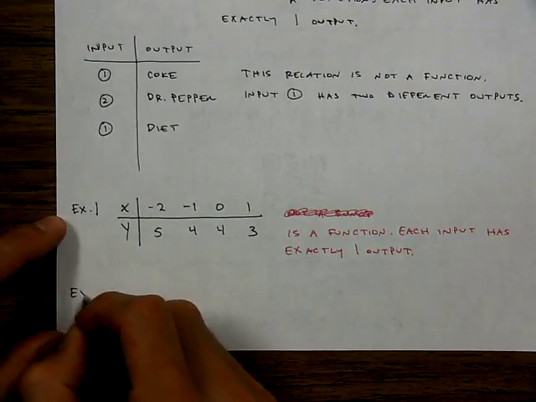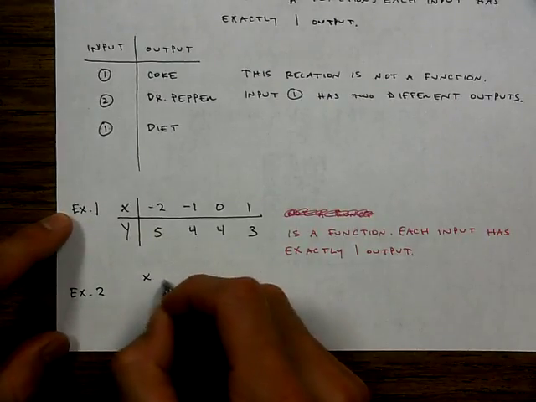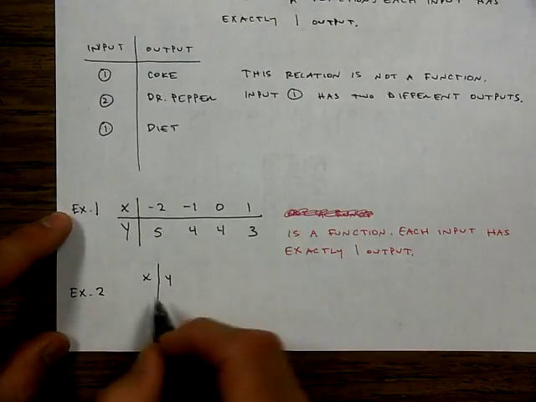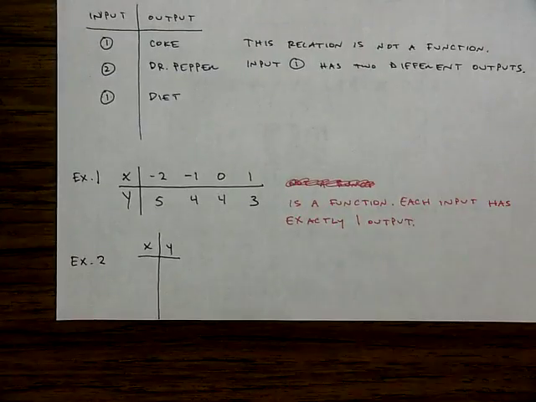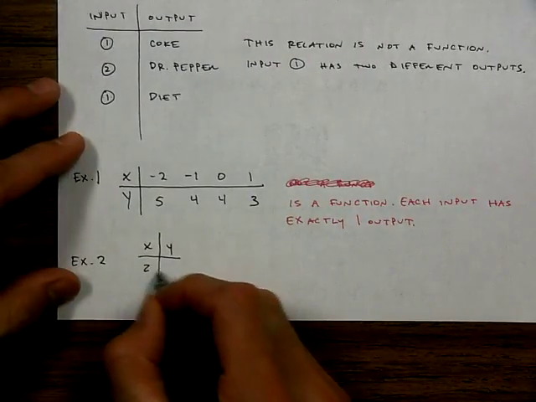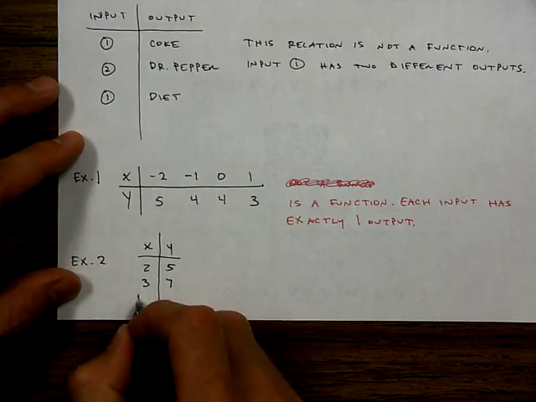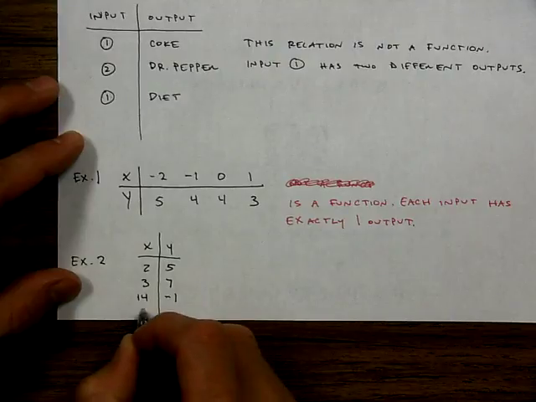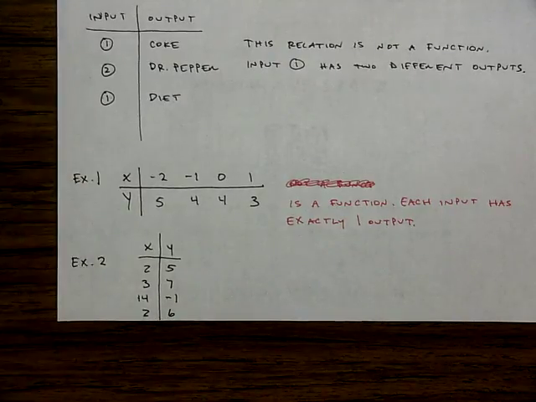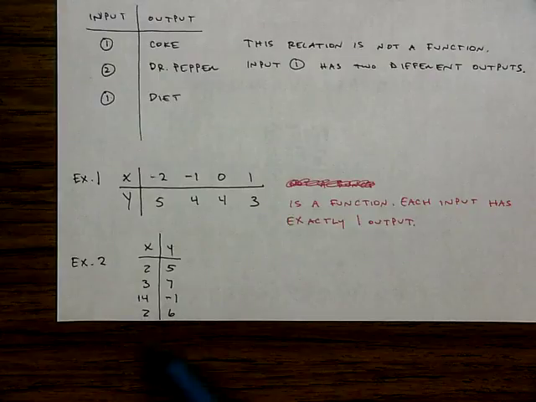All right, let's look at a second example. Make my table vertical this time. So we'll do 2, 5, 3, 7, 14, negative 1, 2, 6. So again, in copying that table down and thinking about what my answer would be here, is this a function or not?